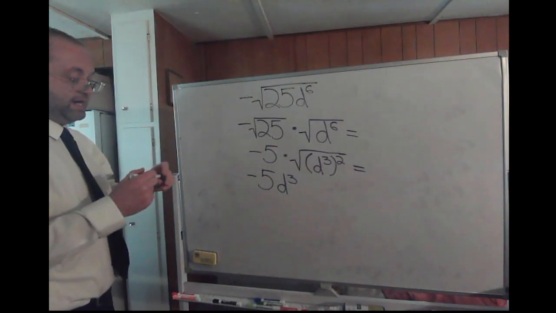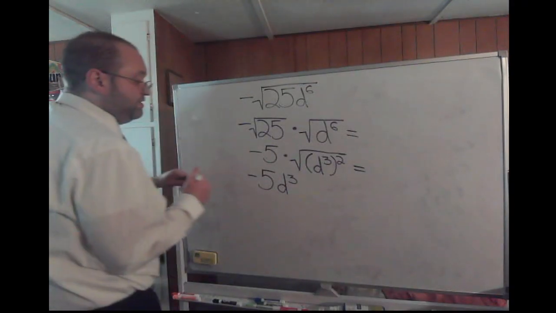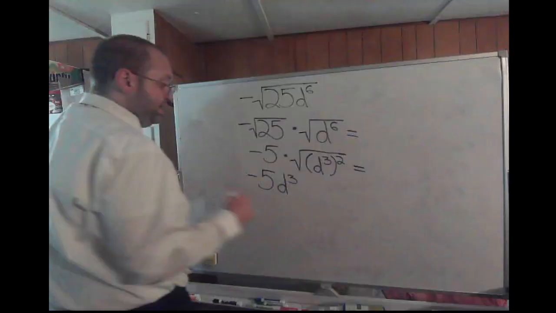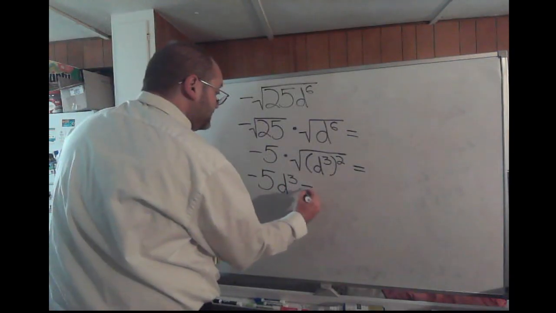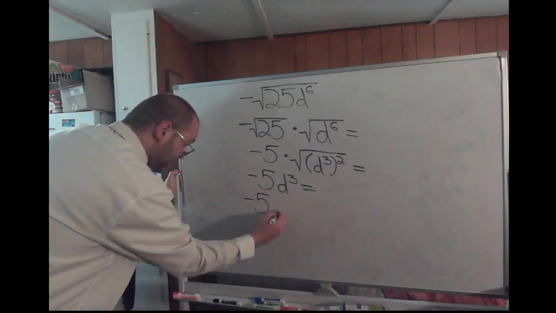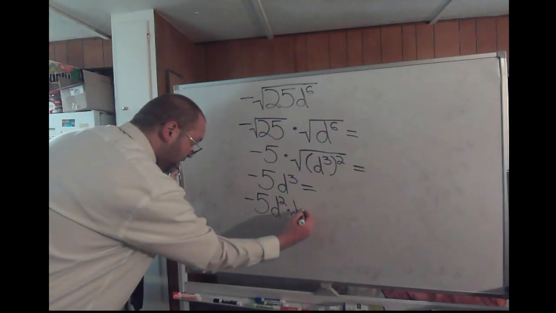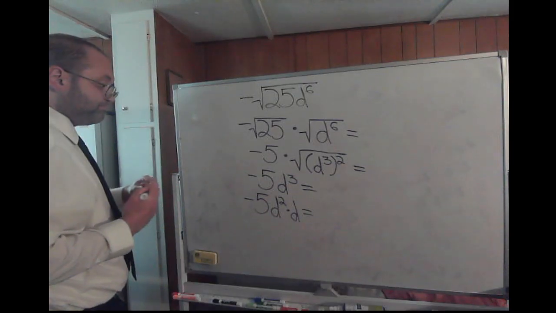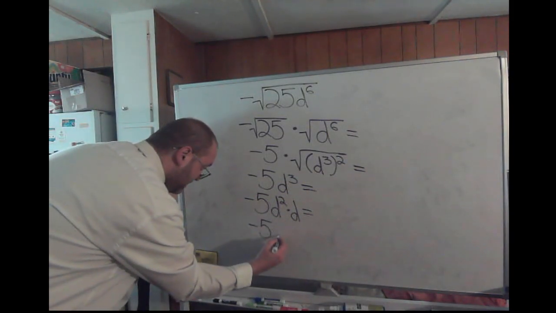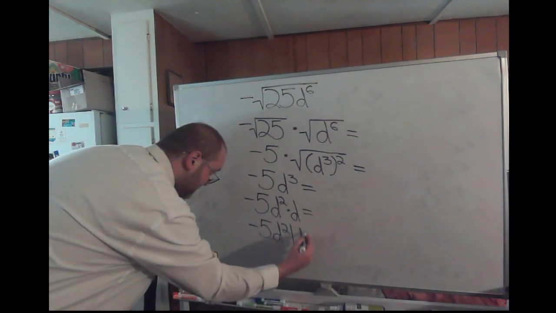But again, you're always going to want to keep, in this case, your result negative. So what you're going to have to do here is split this further into negative 5d to the 2nd times d, which really ends up being negative 5d to the 2nd times the absolute value of d.